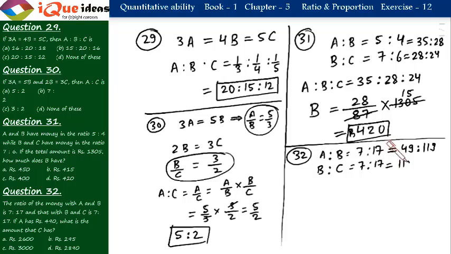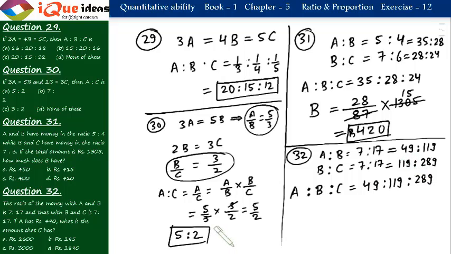So it will become 7 into 17 is 119 is to 17 into 17 is 289. So from there we will get the ratio of A is to B is to C as 49 is to 119 is to 289.